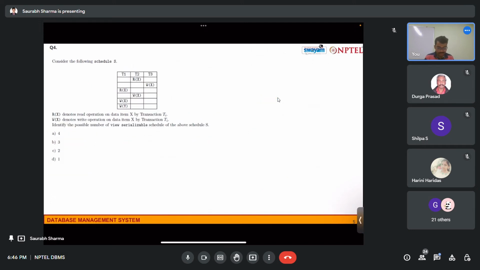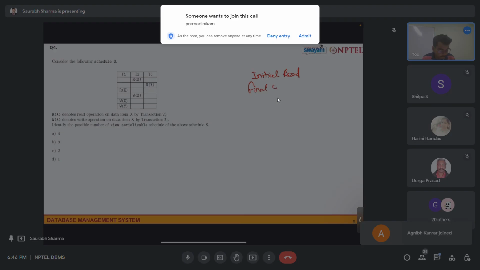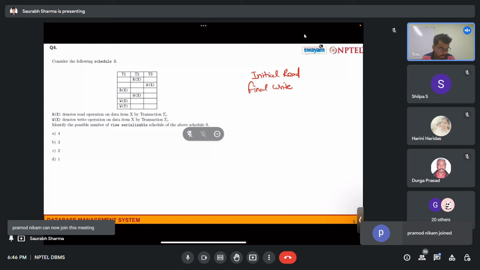Okay, coming to the next one: possible number of view serializable schedules. In case of view serializability, we have to see 3 points. First is the initial read, then the second thing is the final write, and third is the updates in between.